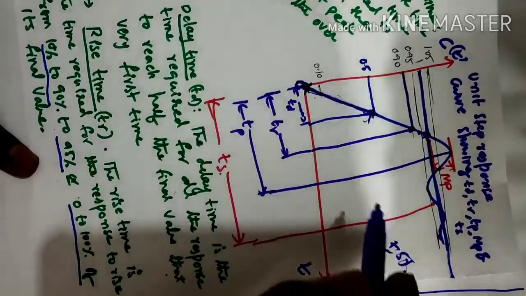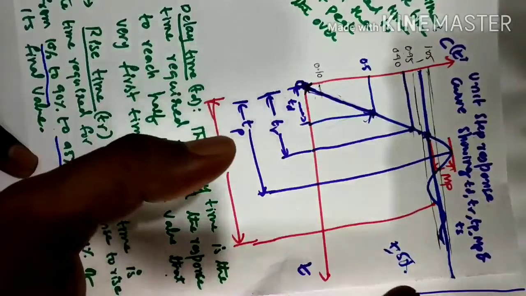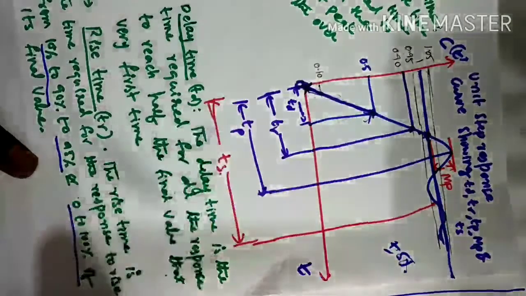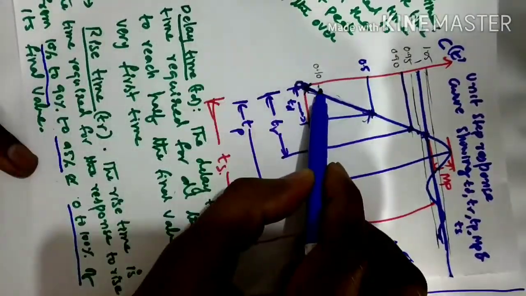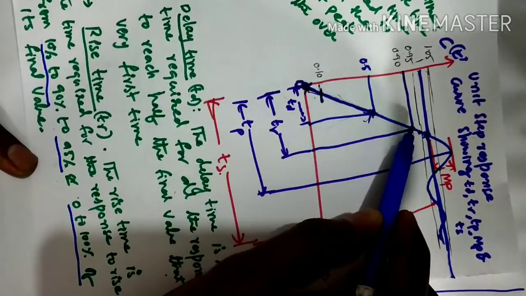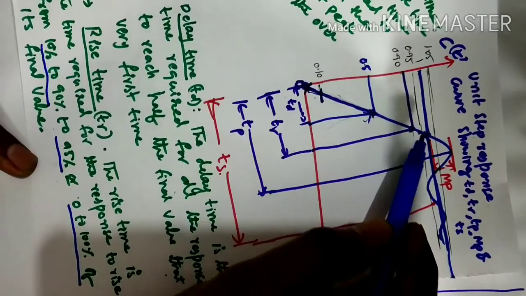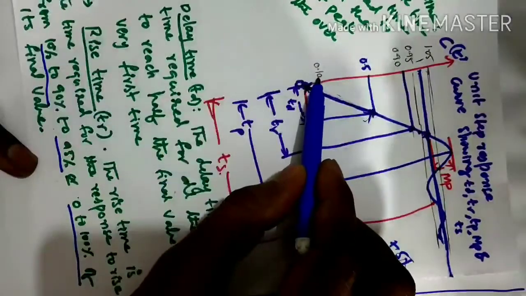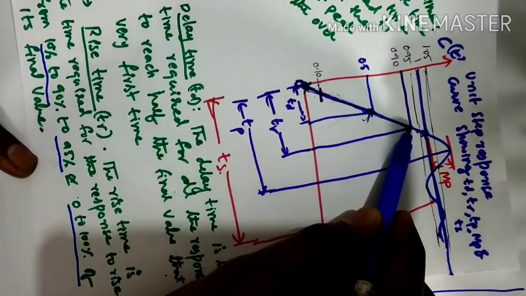So there are three ranges here. The first one is the time taken to reach the final value. Of rise time, how much is it? From 10% to 90%.